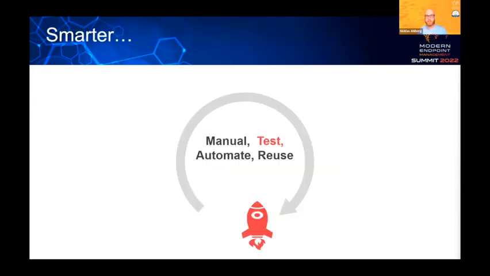What I like to do is have this approach where I do stuff manually. I do some tests just to make sure it works as intended, automate it in a script, and then I will reuse it. So the first step here would be to set it up manually. This could be a new user, or a new configuration policy from Intune.